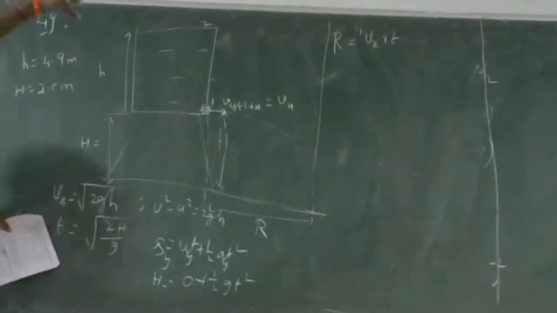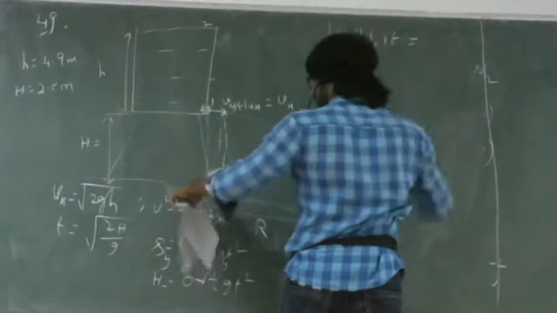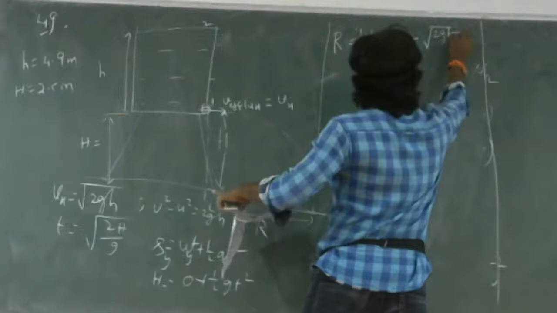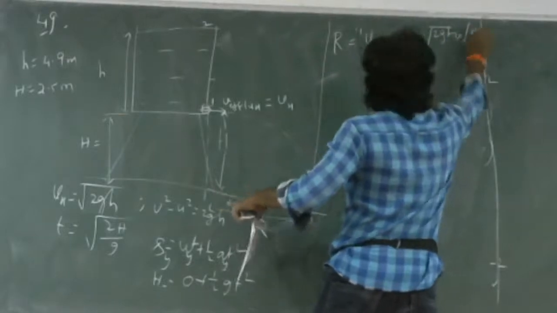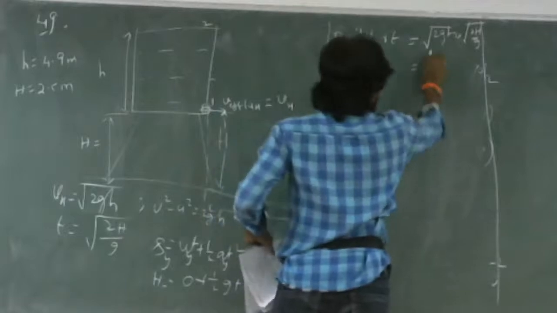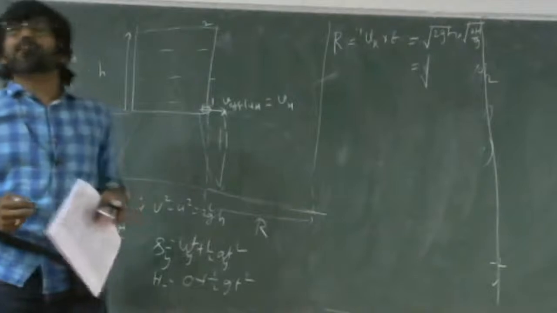These two formulae you have to substitute here. Then what do you get? R is equal to square root of 2g small h into square root of 2 capital H by g. Together you can write it in one root, since root x into root y is root xy.